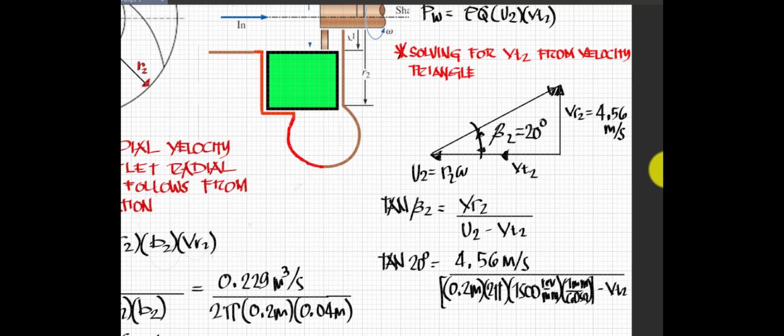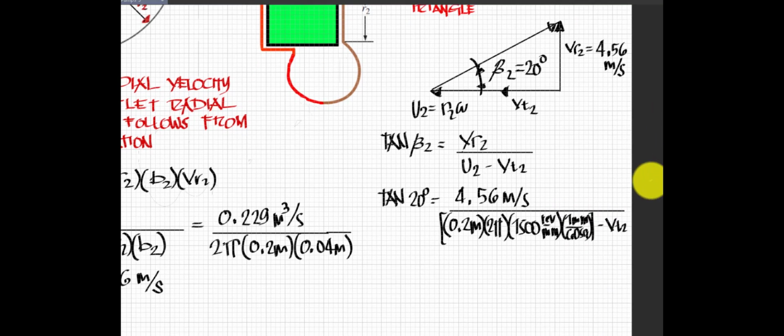Then finally, solving that using your calculator, we have the value of VT2, which is 18.88 meter per second.